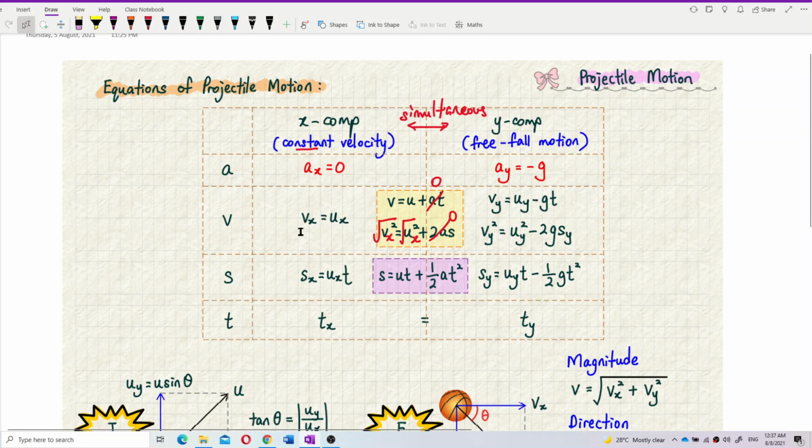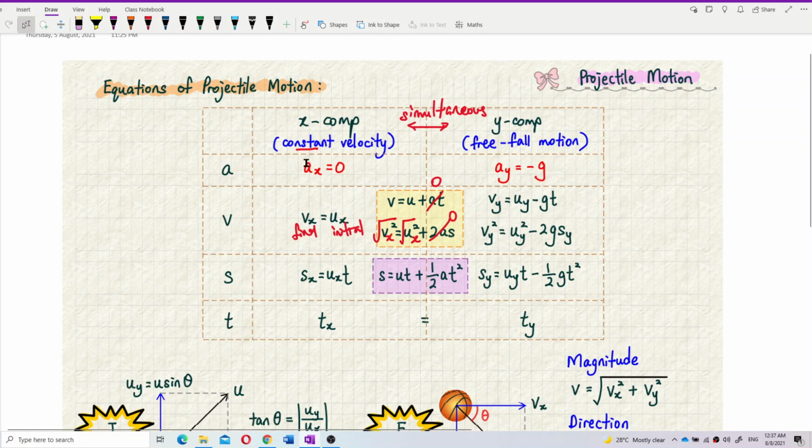The final velocity is equal to the initial velocity, because the velocity doesn't change. The velocity is constant, unchanged. That's for the x component.